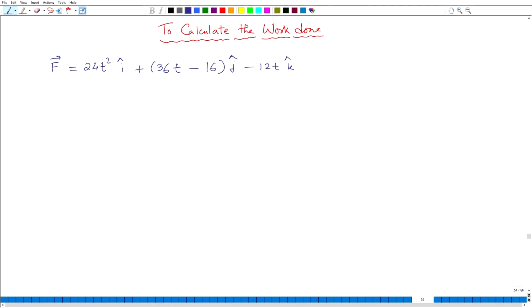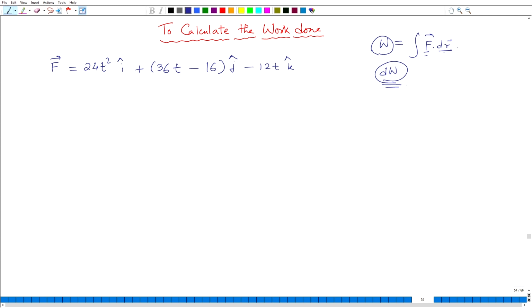Okay. Before that, I will just tell you one thing. Work done we have already defined. We said that work done is nothing but the integration over F dot dr, where dr is the infinitesimal displacement and F is the force acting on the particle. We also said that this is not in general a state function, and that is why when you do dW, this is not an exact differential in general.